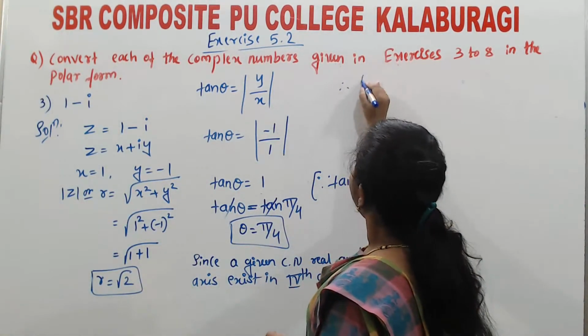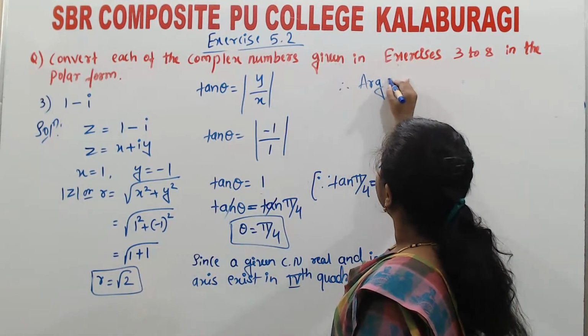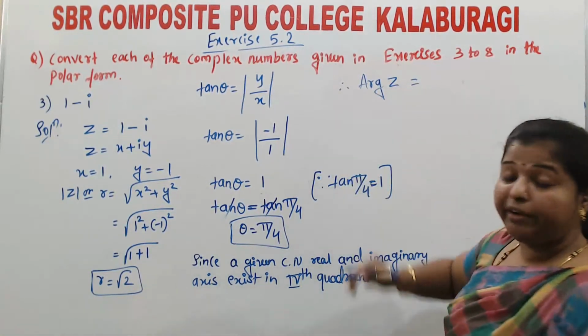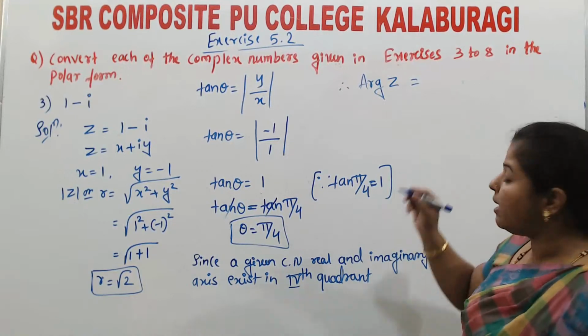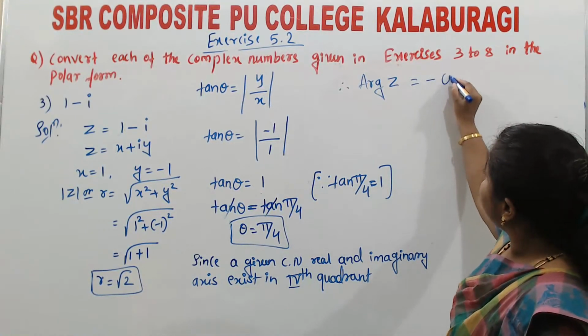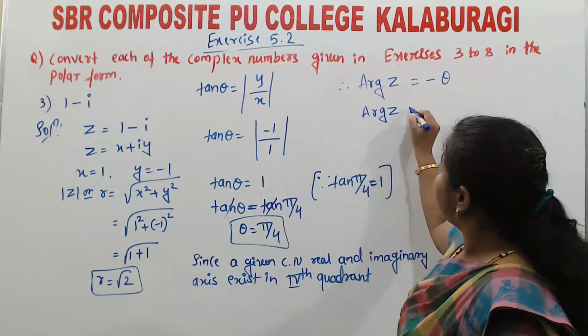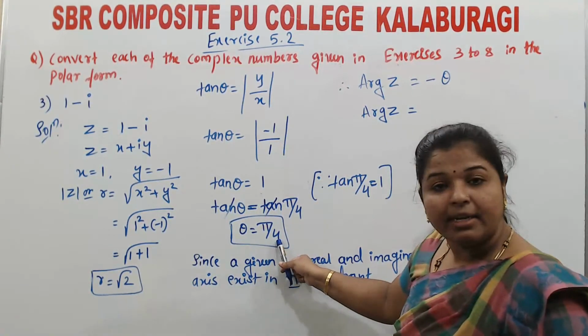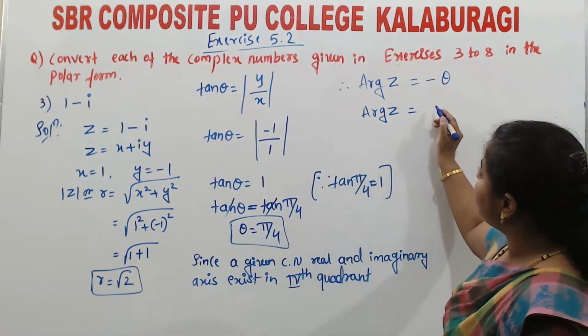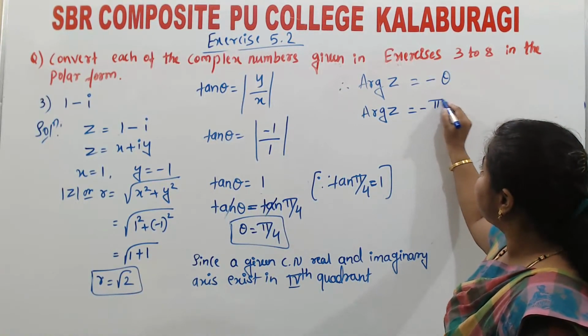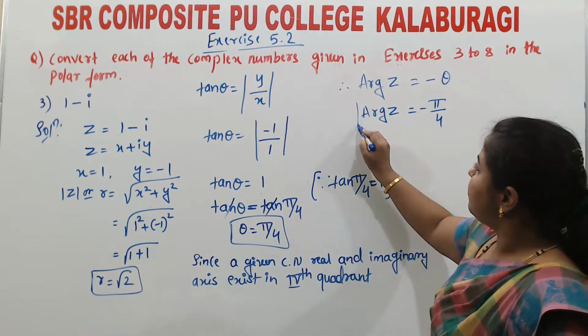Therefore, argument of z is equal to, in fourth quadrant, how we write argument of z? Argument of z is equal to minus theta. What is the value of theta? Theta is equal to pi by 4. Therefore, argument of z is equal to minus pi by 4. Right? This is our argument of z.